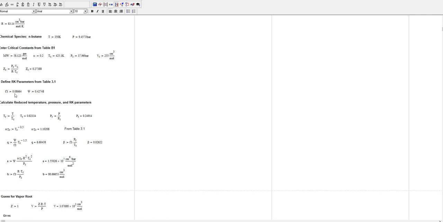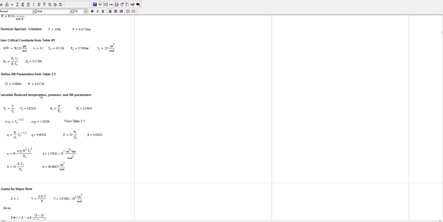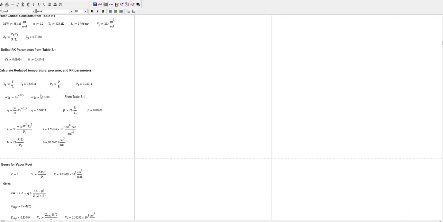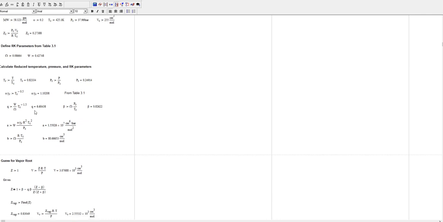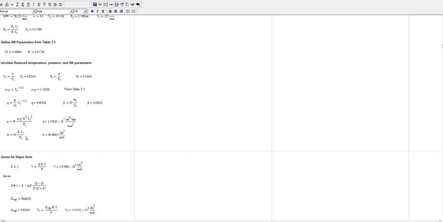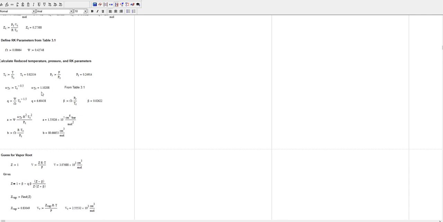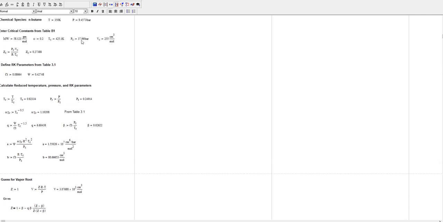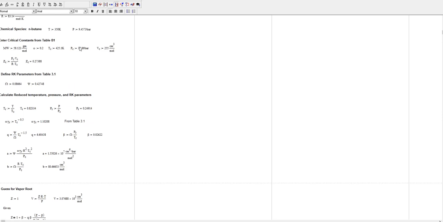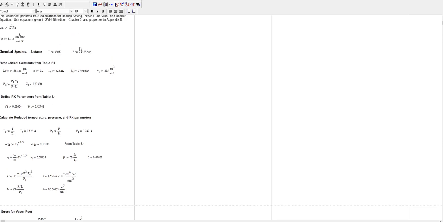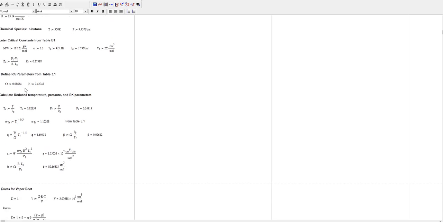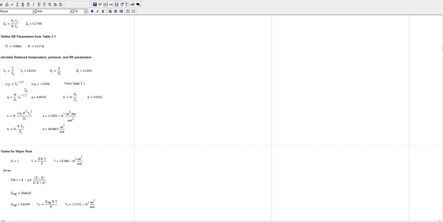The values are given to you for these particular omega and psi. Then you calculate your reduced pressures, your reduced temperatures, and all the other Redlich-Kwong equation calculations that you have to do. Again, the nice thing about MathCad is it does all of the units for you, so I can put the units up here in anything I want, and as long as I have them nicely defined, everything is going to work out just fine in MathCad.